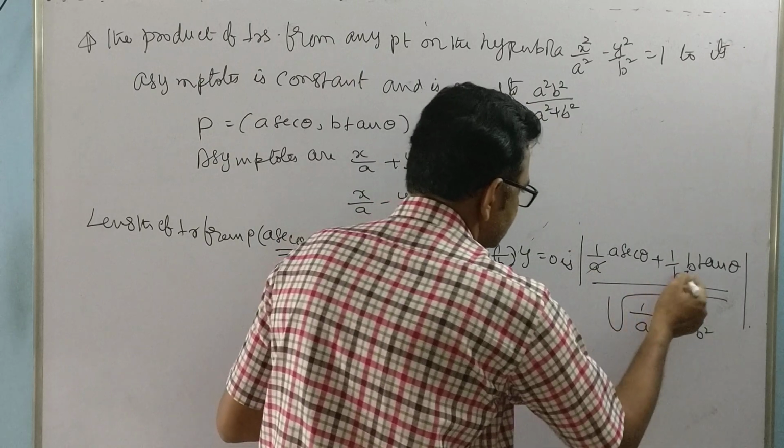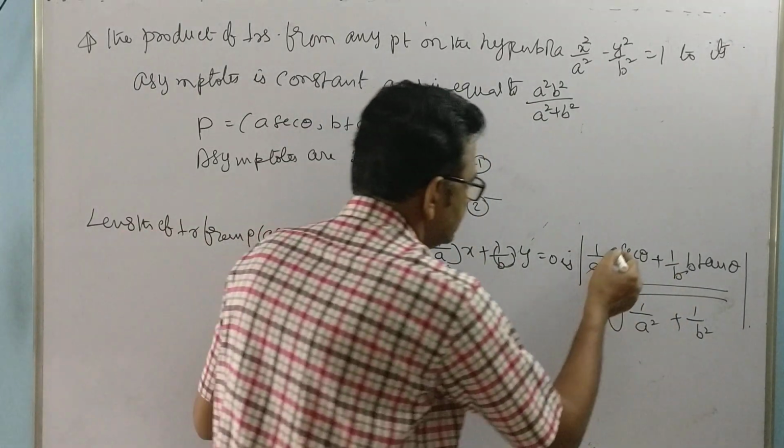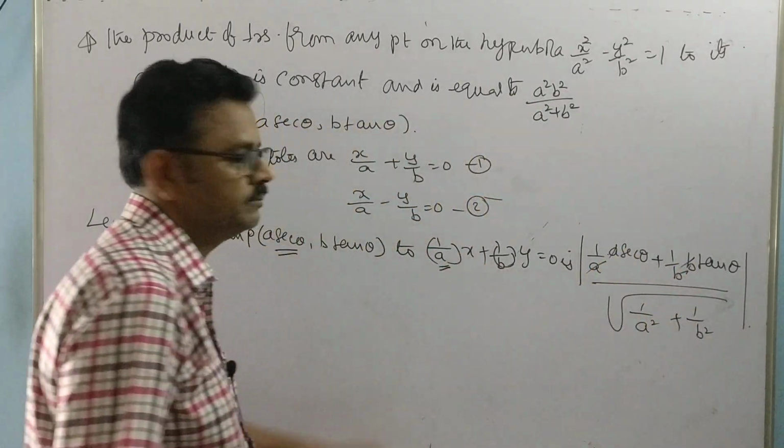So these two get cancelled: a cancels, b cancels.